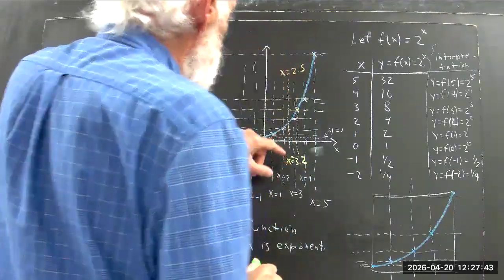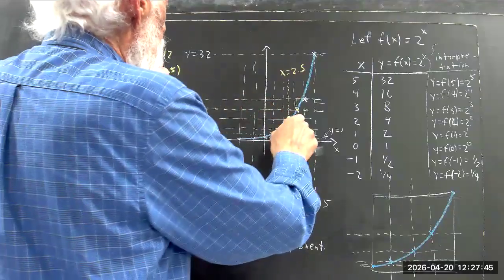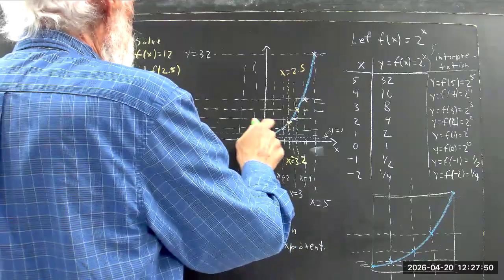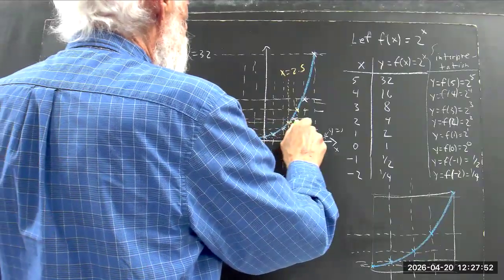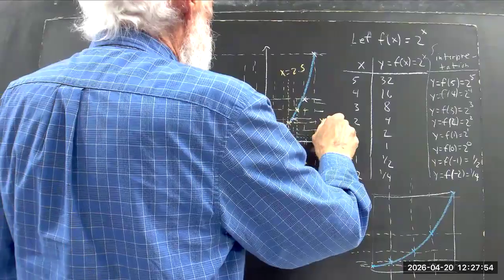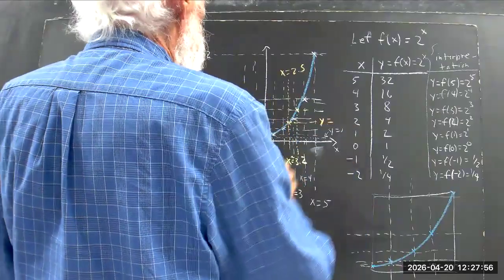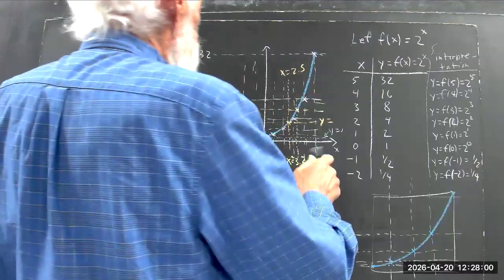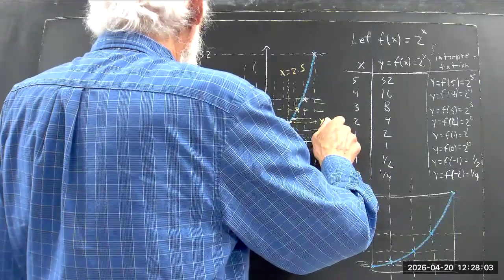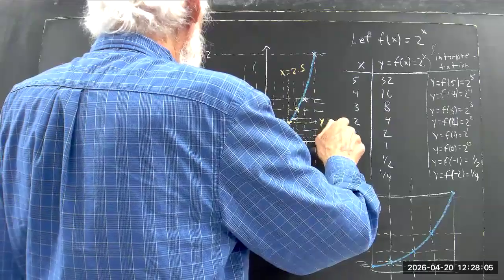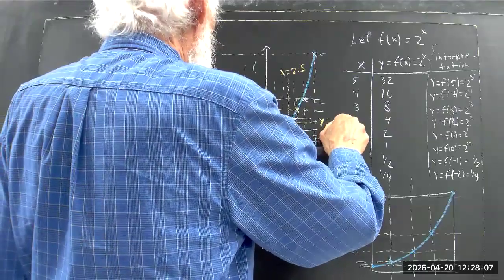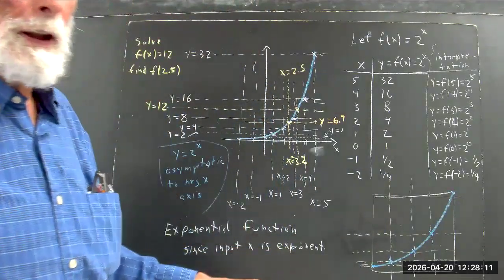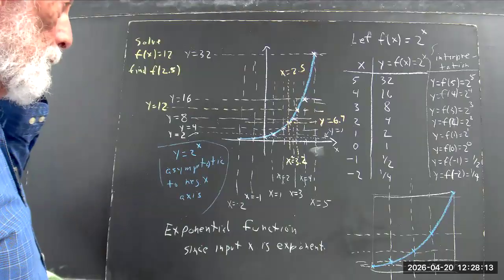That's your input. To get the output, you just go up to the point where we intersect the graph with the x equals 2.5 line and estimate y equals whatever. Well, if this is 4 and this is 8, that looks to me like about 6.7. Well, that's just a guess. You can check that out with your calculator.